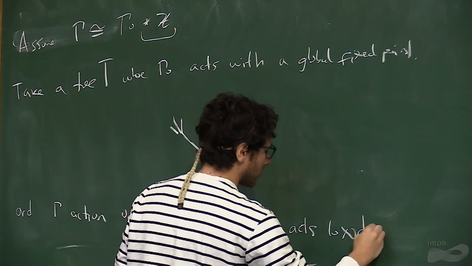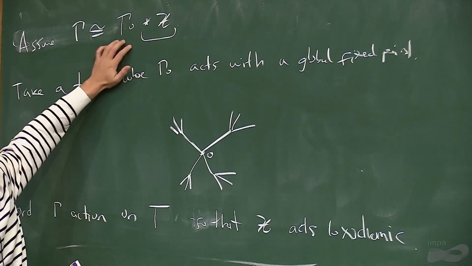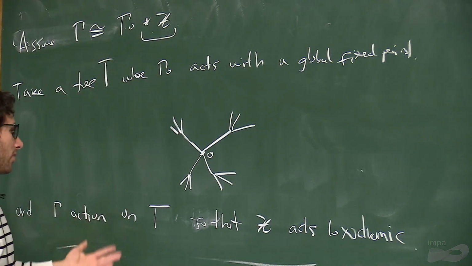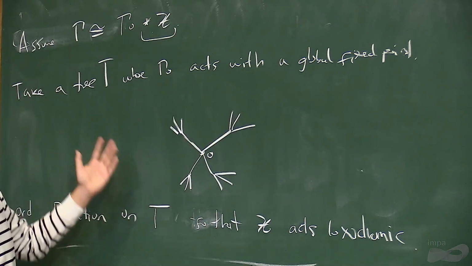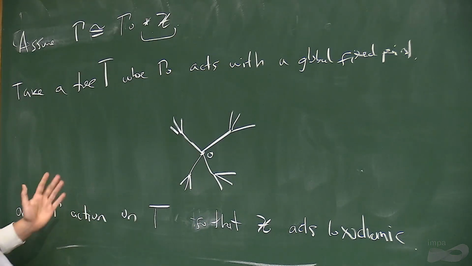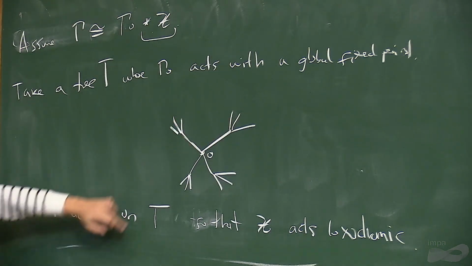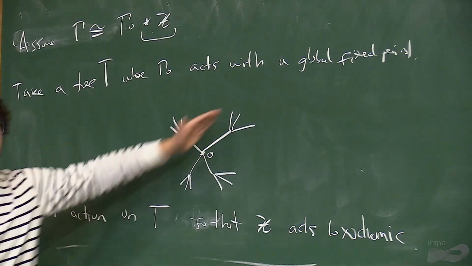I mean, constructing an action of free products is very easy, right? You say how this acts, and then in the boundary, if this acts loxodromically, the only probability measures that it can possibly preserve are the endpoints of the axis of this translation.